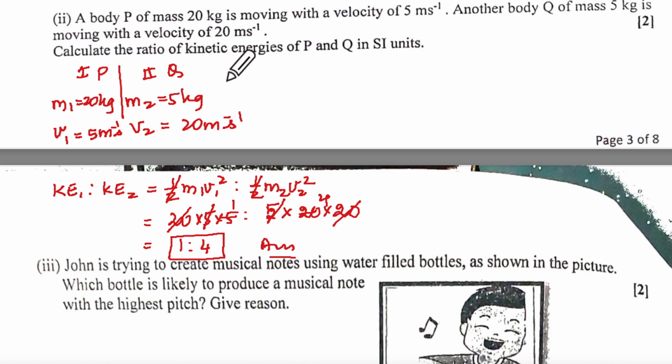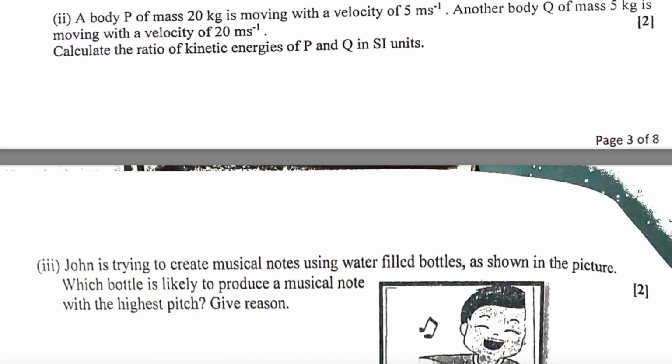They are saying calculate the ratio in SI units. And what you'll write over there? No unit, since it is a ratio. Underline that because they say in SI unit, no? So we'll say it will have no unit.